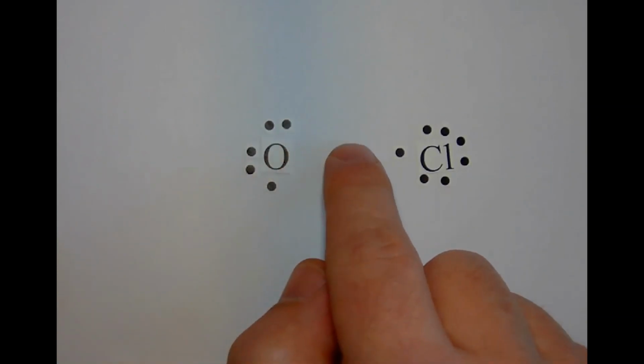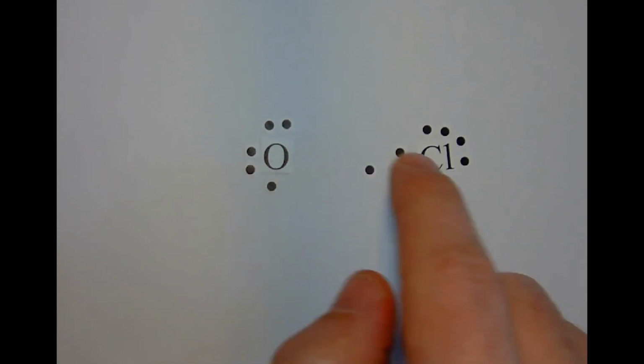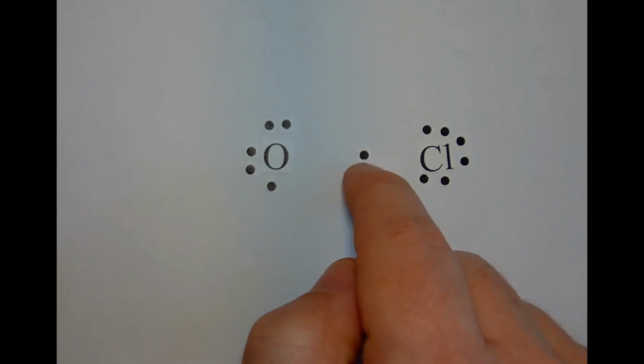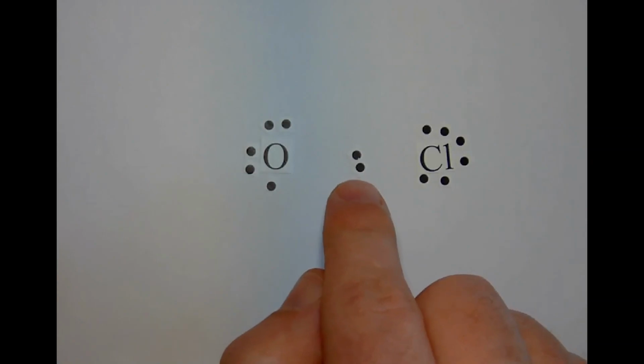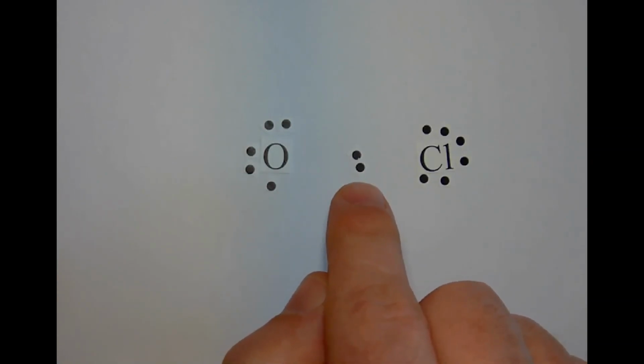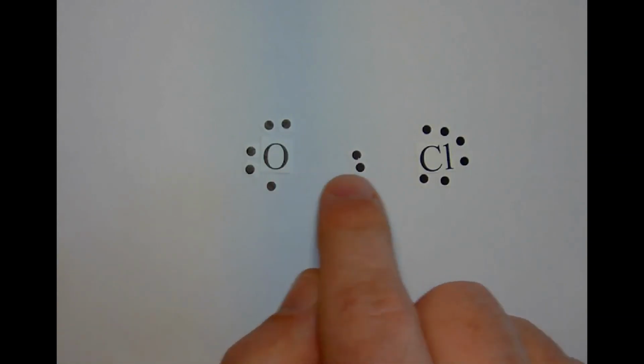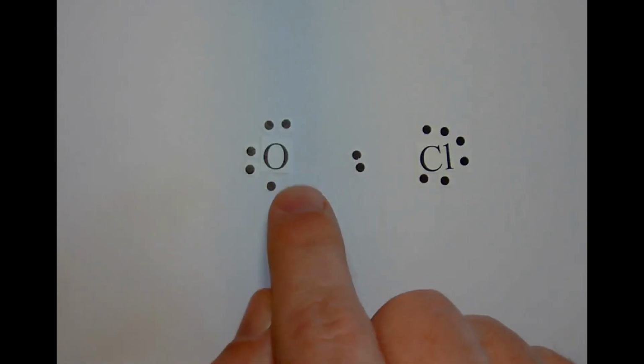Now that we know that oxygen and chlorine are going to create a non-polar covalent bond, we can move on to describe how the electrons will be shared within the bond. Because the electronegativity values of these two elements are so similar, we can conclude that the two electrons that are in the bond itself will spend essentially the same amount of time around each of the bonded atoms.